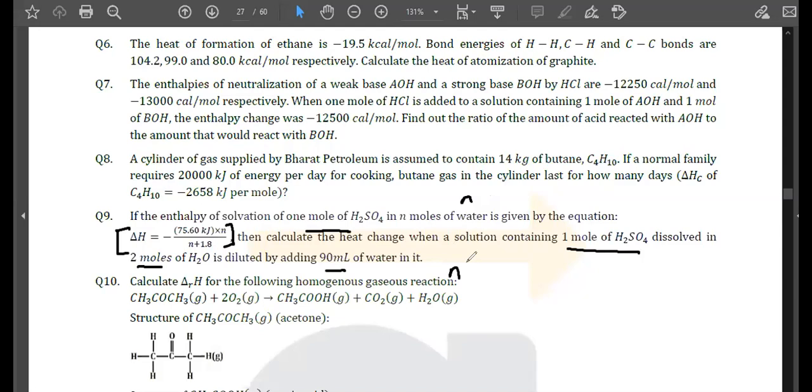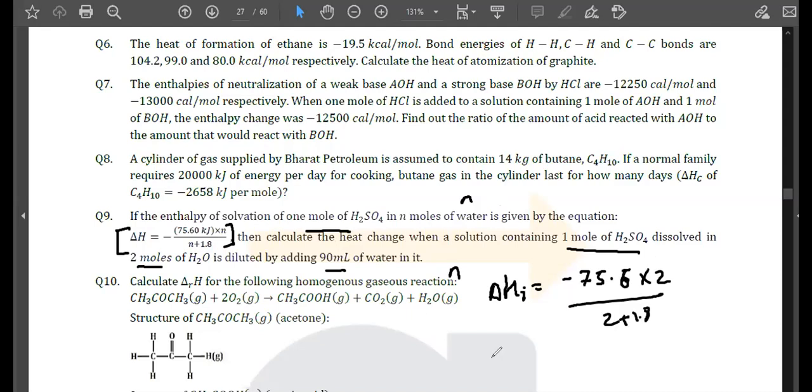So initial H, because we have to calculate delta H. For initial delta H, we have to put 2 moles: 6 into 2 by 2 plus 1.8.